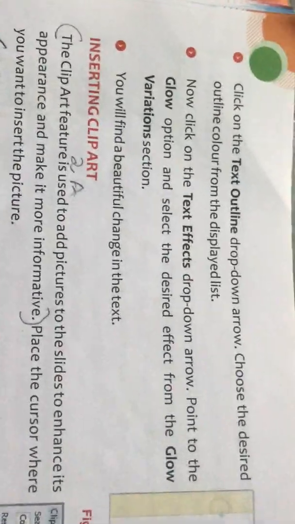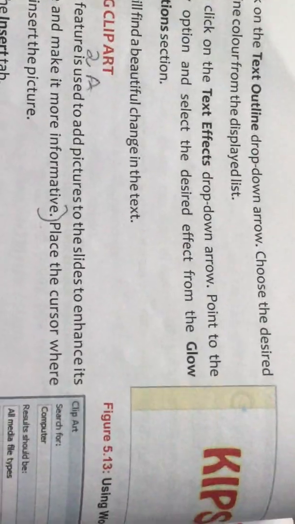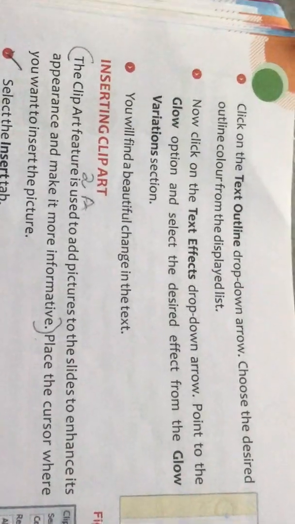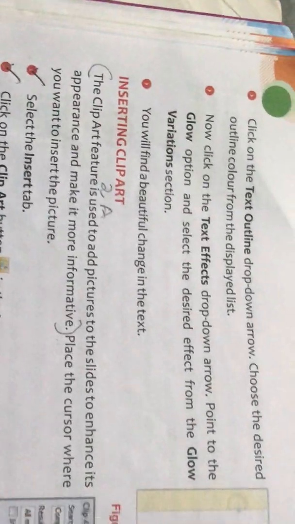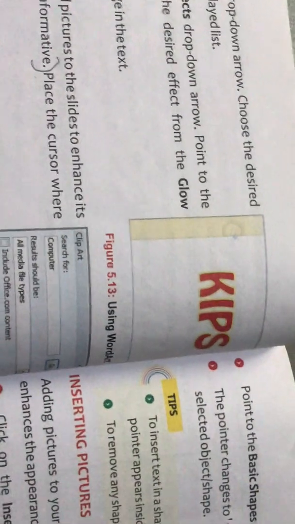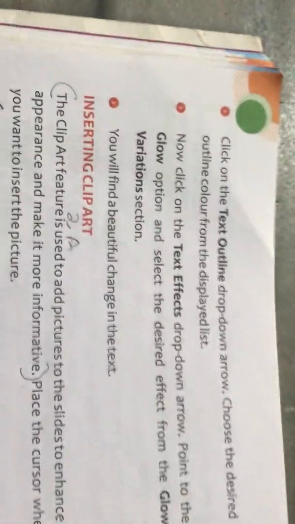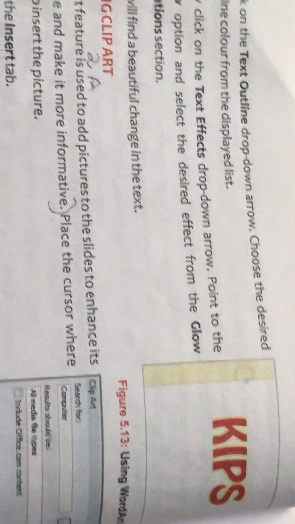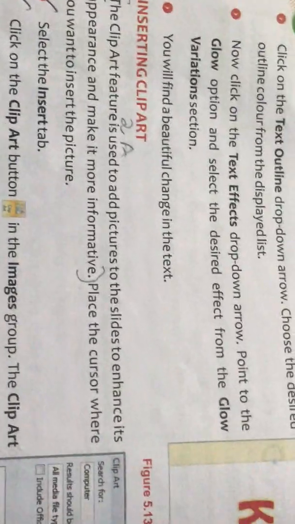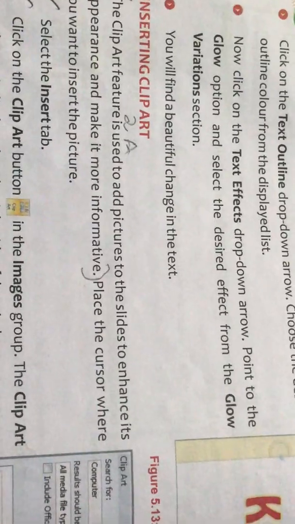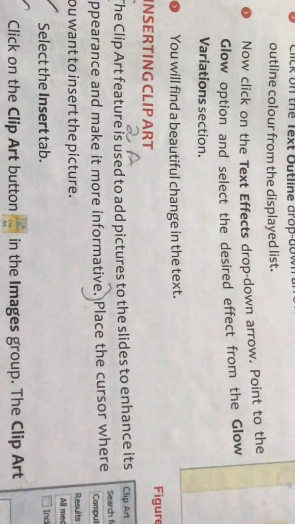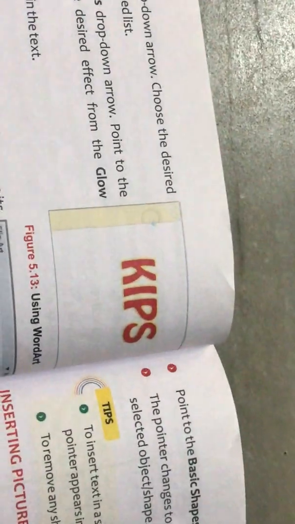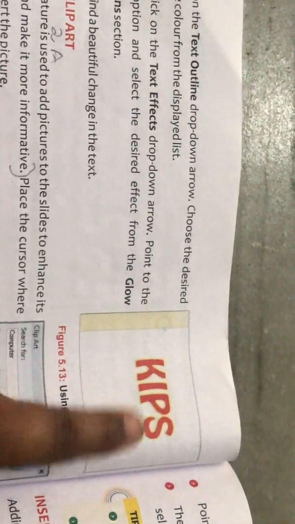Click on the Text Outline drop-down arrow. Choose the desired outline color from the displayed list. Now click on the Text Effects drop-down arrow, point to the Glow option and select the desired effect from the Glow variations. You will find a beautiful change in the text.